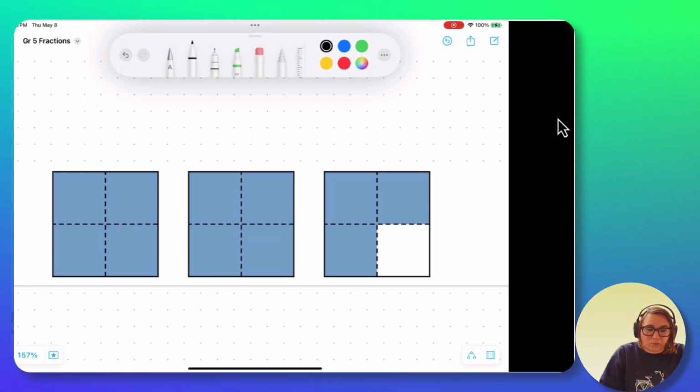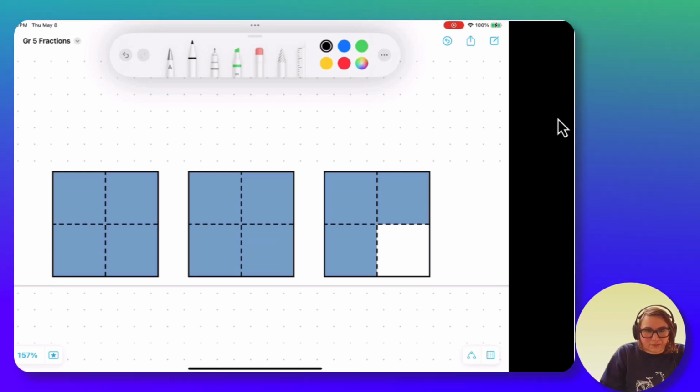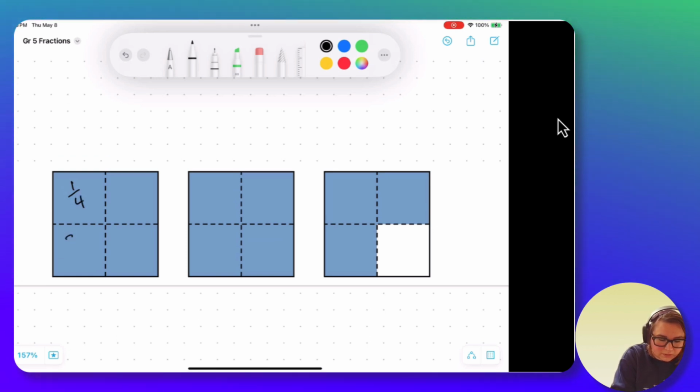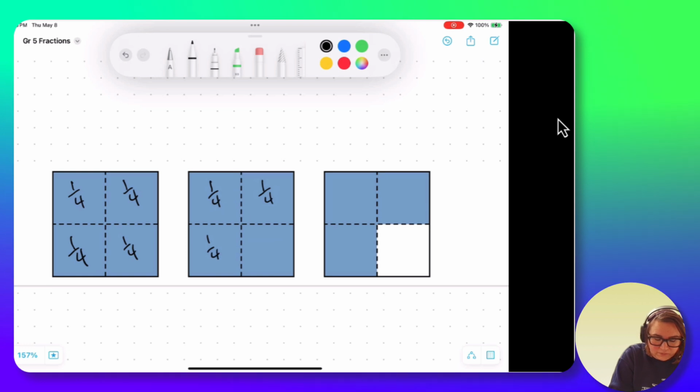And that's exactly it. We're not going to call them wholes anymore because they're broken up. We're going to count them as unit fractions. So we have 1 1/4, 2 1/4, 3 1/4, 4 1/4, 5 1/4, and so on. And each of these pieces represents a quarter of the whole.